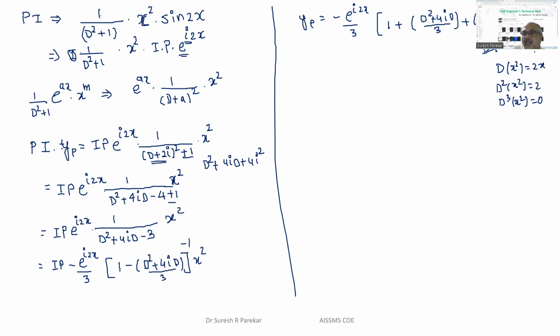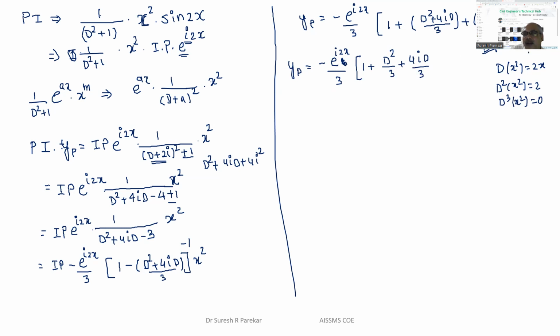So we will consider D square only, and then we have yp equal to minus e raised to i2x upon 3 in bracket 1 plus, now separate it out, D square upon 3 plus 4iD upon 3, and then remaining we have this part.